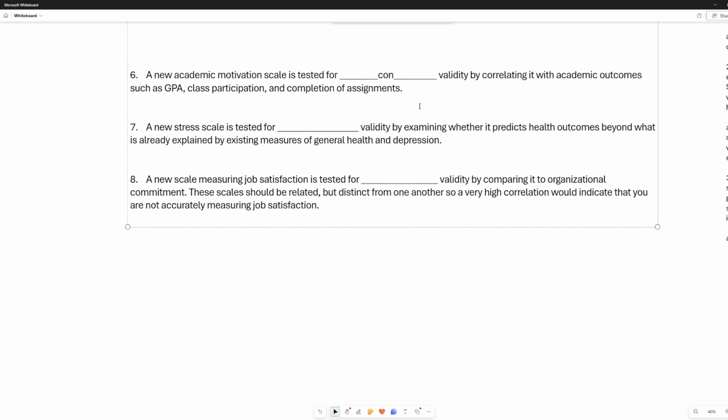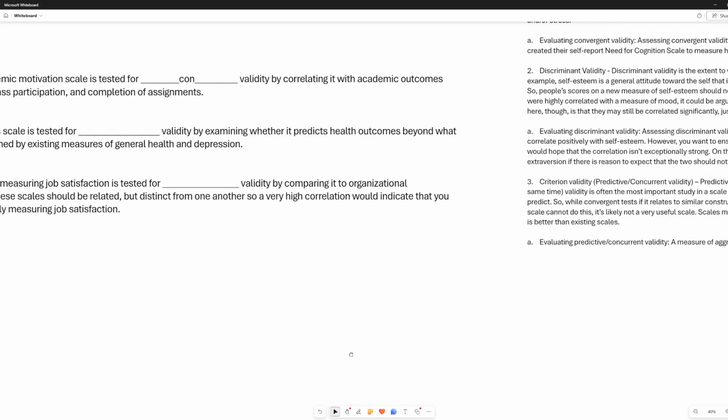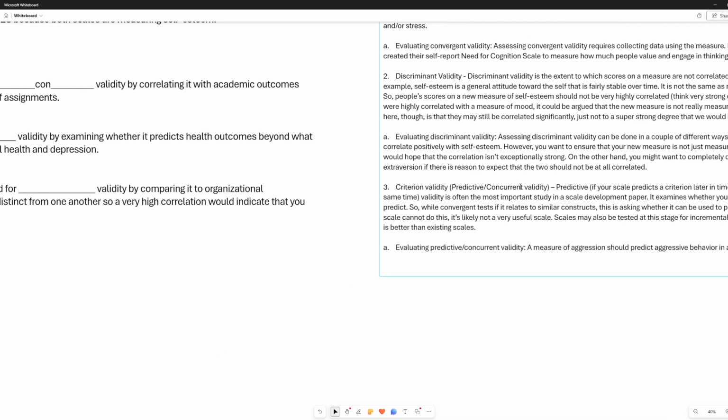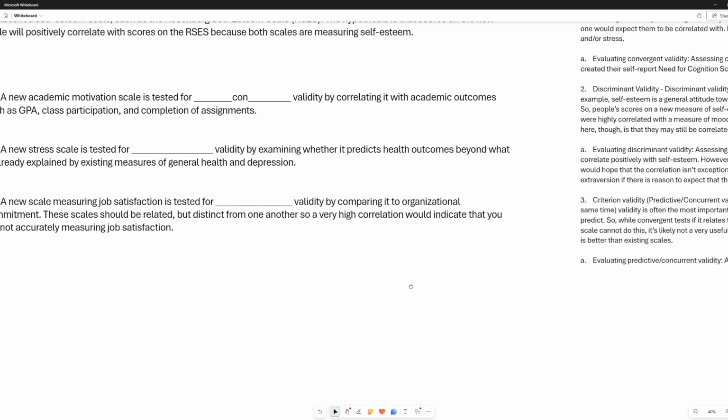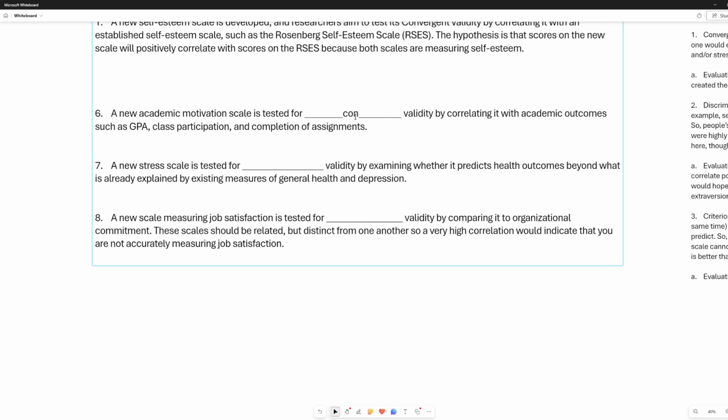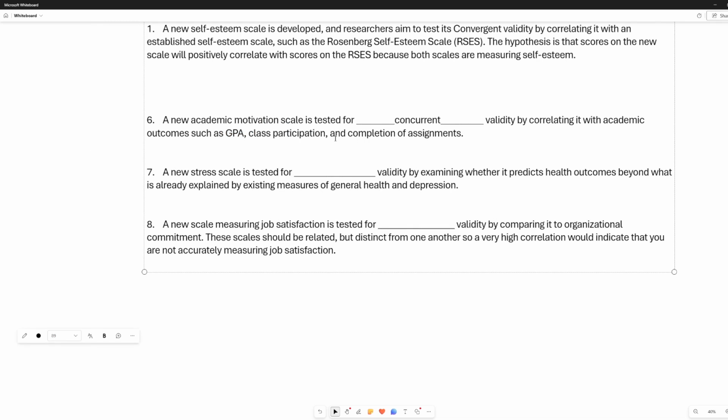And we're going to call this, if we come back over here, this would be concurrent validity. It's in the same criterion validity as predictive, but this is actually when everything is measured at the same time point. And based on the ease of measuring all of these things, we can ask people their GPA at the same time. We can ask them how much they participate in class at the same time as measuring this academic motivation scale.